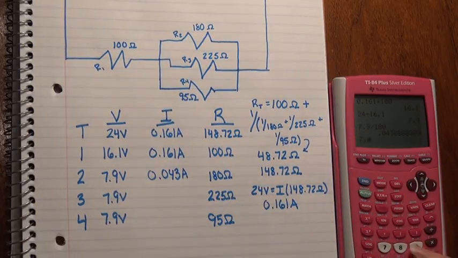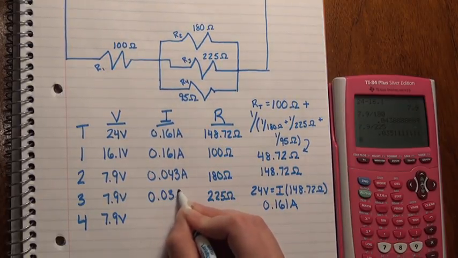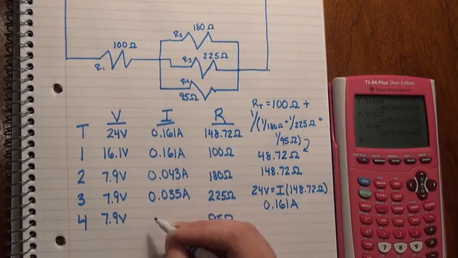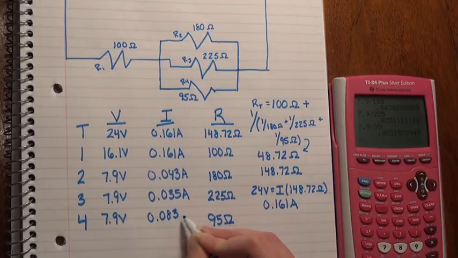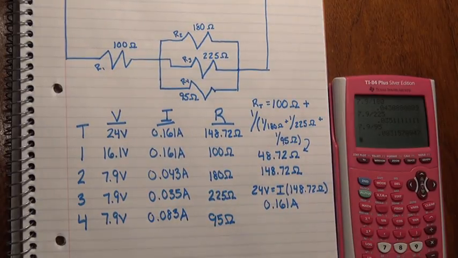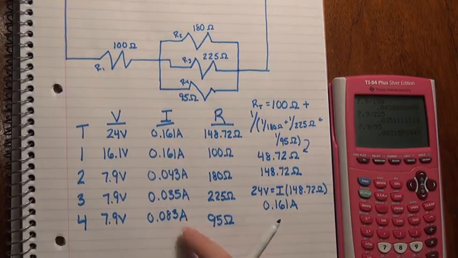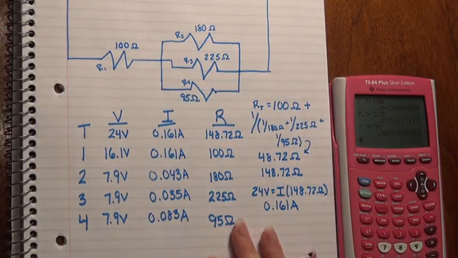The same divided by 225 ohms, which gives us 0.035 amps. And then finally, 7.9 divided by 95 ohms, which gives us 0.083 amps. And that gives us our total current, which is also the same as the current across each one of these resistors.